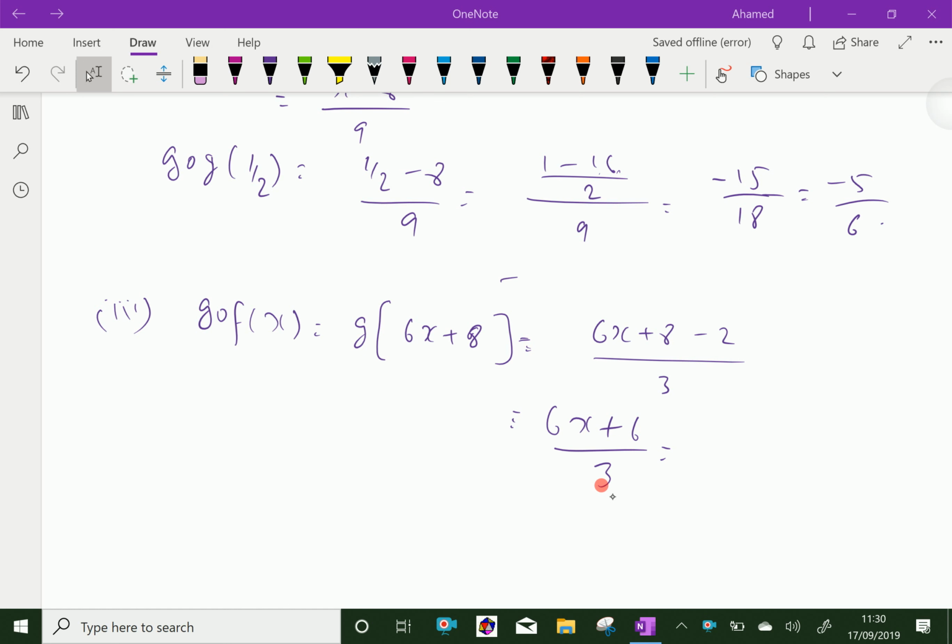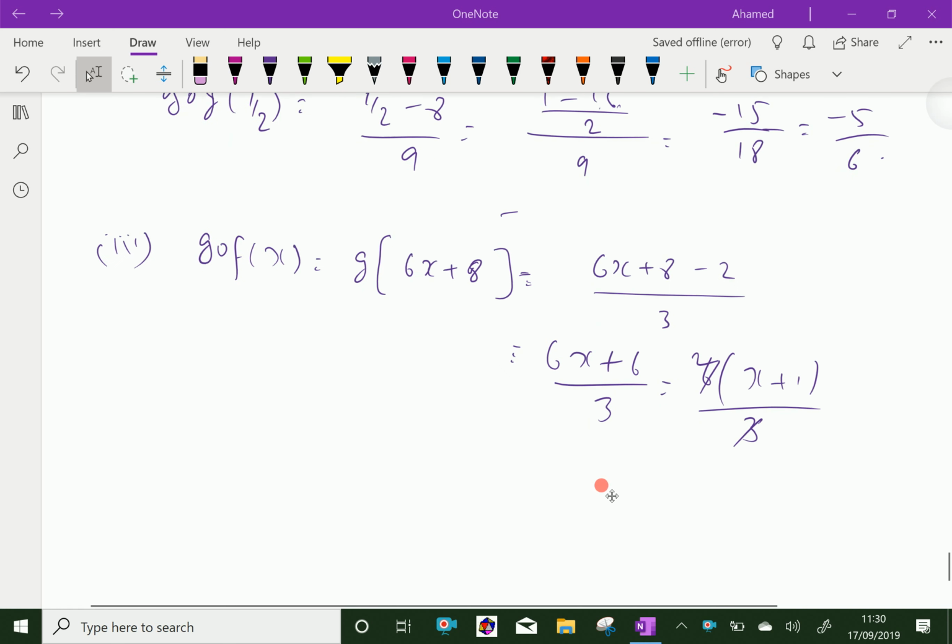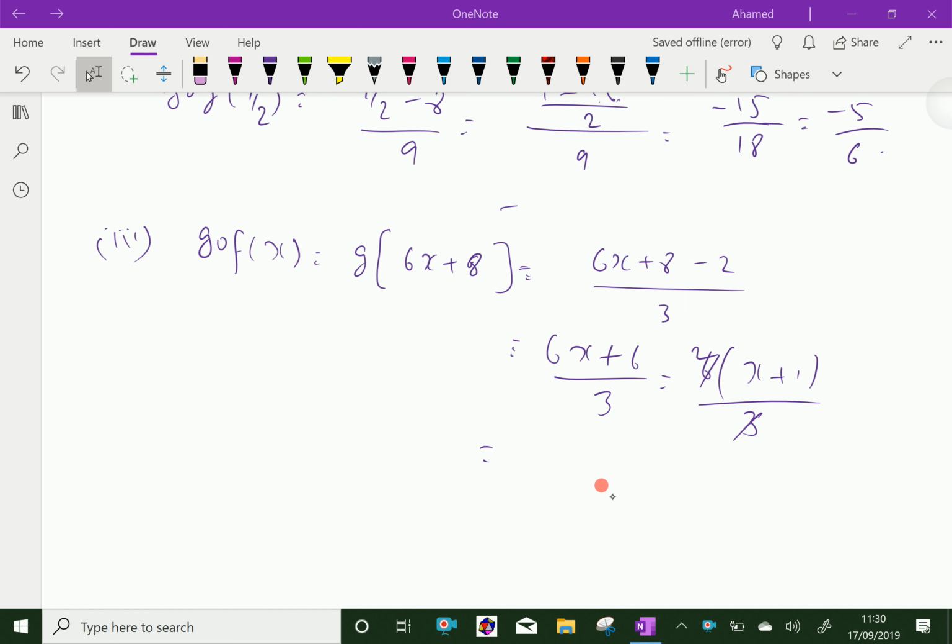Take out 6 common, 6 times x plus 1 over 3, cut here as 2. Therefore, the simplest form of g of f of x is 2 times x plus 1.